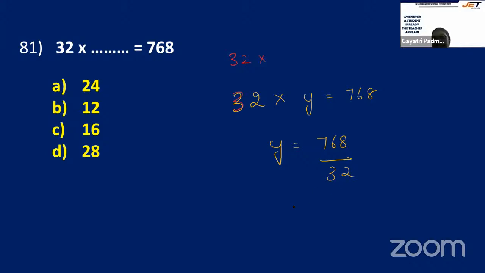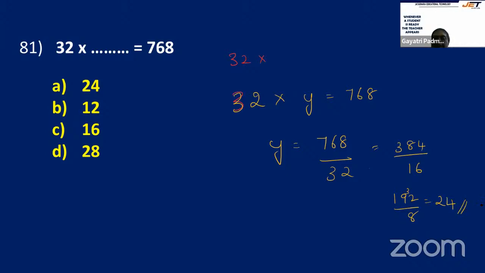You can divide one by one. 8 twos are 16, 8 fours are 32.